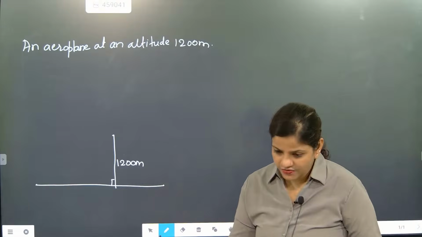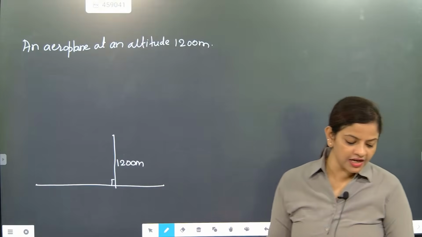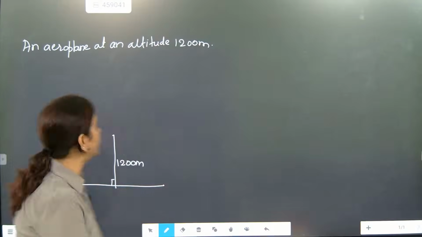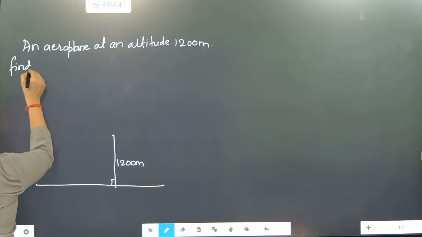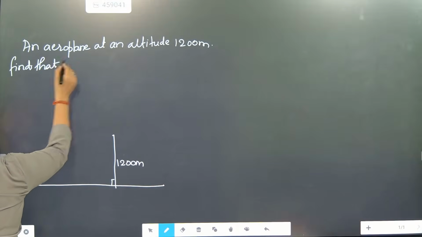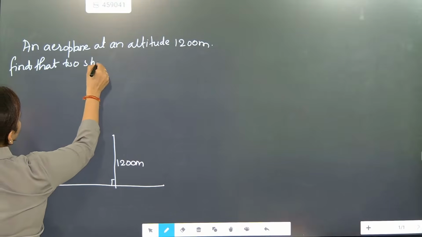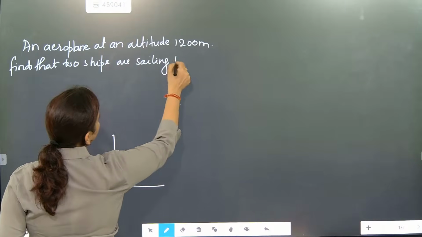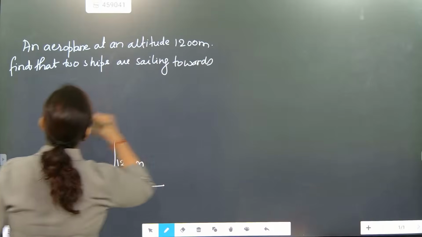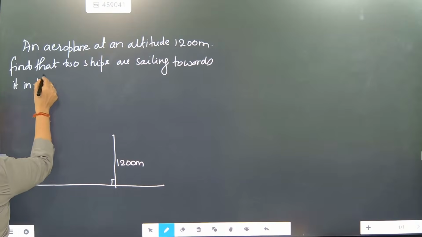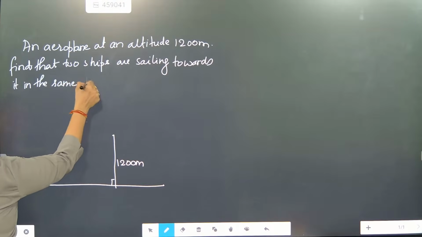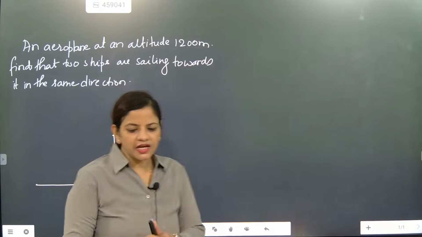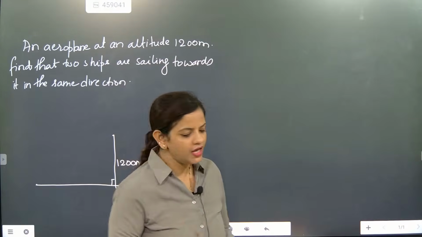The aeroplane finds that two ships are sailing towards it in the same direction. So two ships are there and they are sailing in the same direction towards the aeroplane.